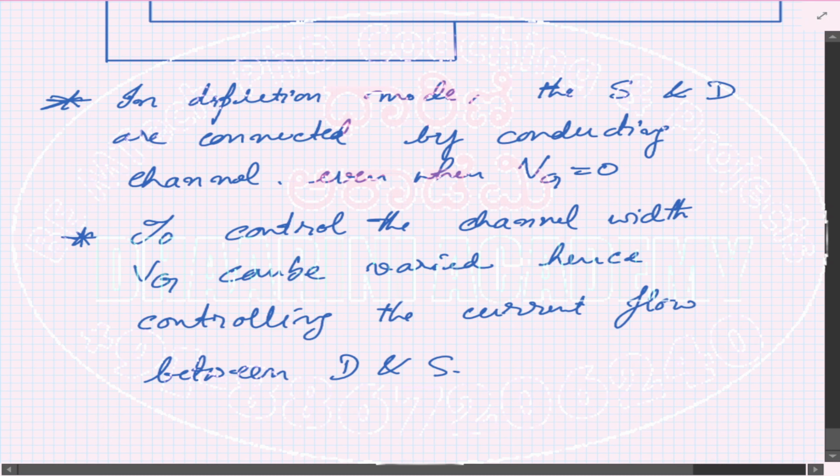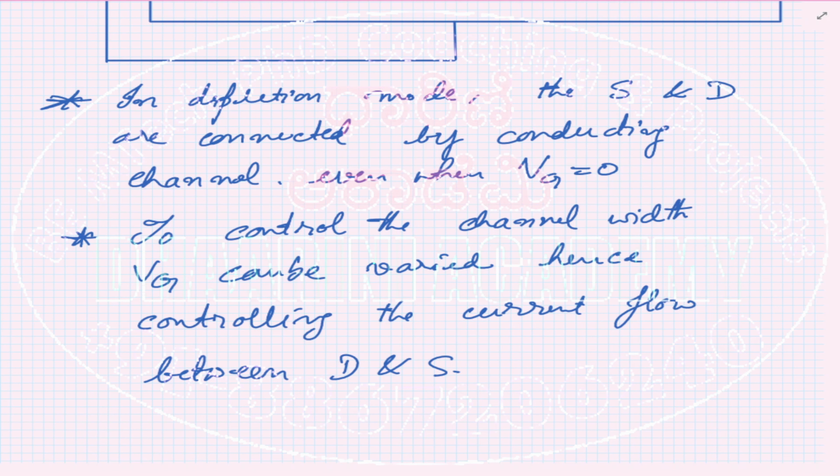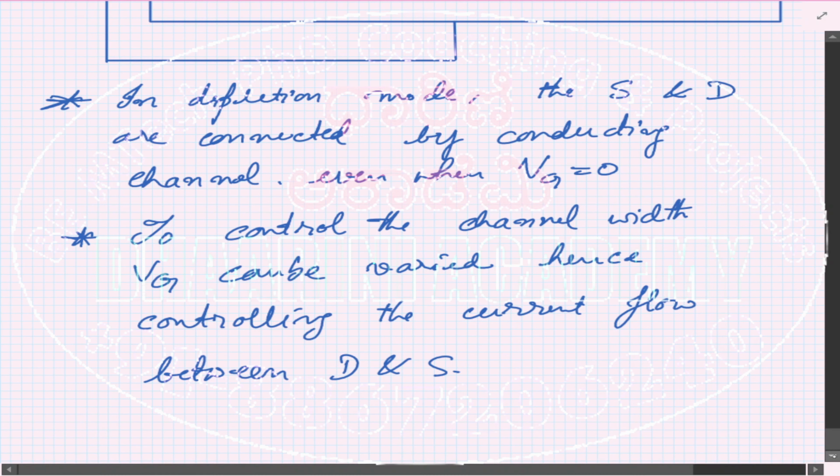There is an equivalent idea behind the PMOSFET. How the PMOSFET is going to work in enhancement and depletion mode, I think this is pretty straightforward now. So let's write the diagram for PMOS.